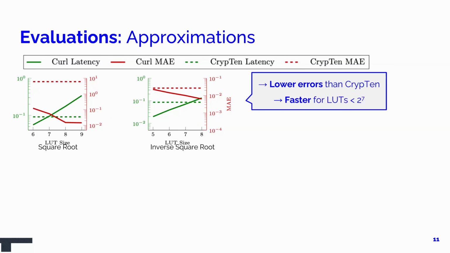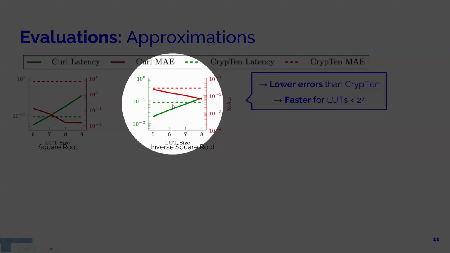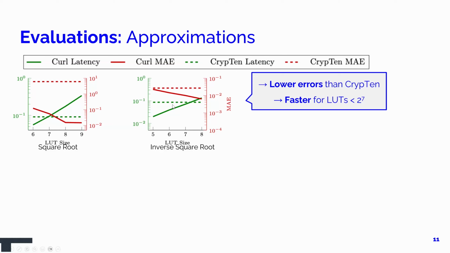So how this looks in terms of performance and errors: we compared it with Crypten, which is a privacy-preserving machine learning library from Facebook. The mean average error of Crypten is constant for different lookup table sizes. And here we show increasing lookup table sizes.